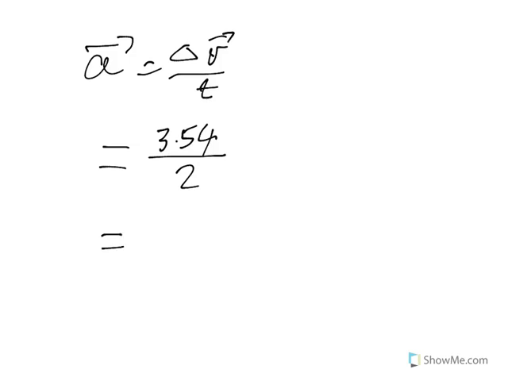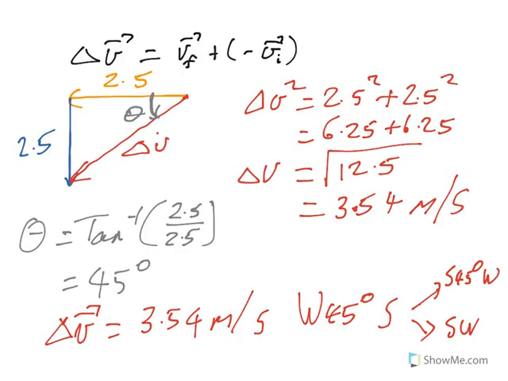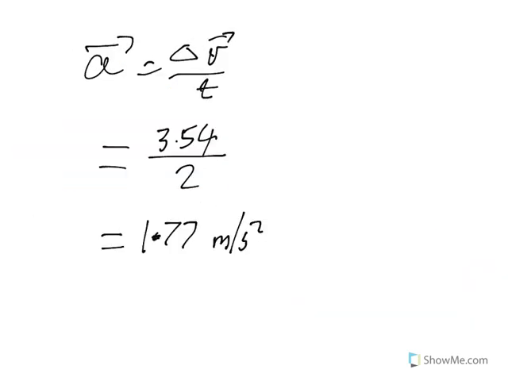So 3.54 divided by 2 is 1.77 meters per second squared. For the direction, any one of those three, I'll just use this one, west 45 degrees to the south. So that's it for this lesson, lesson 6, acceleration.